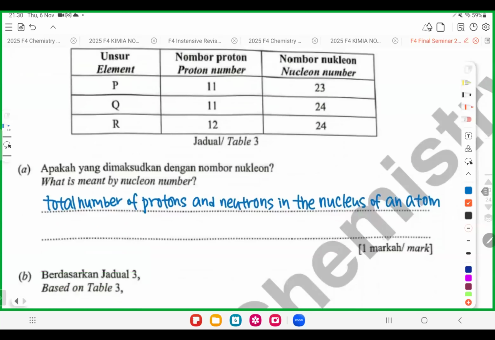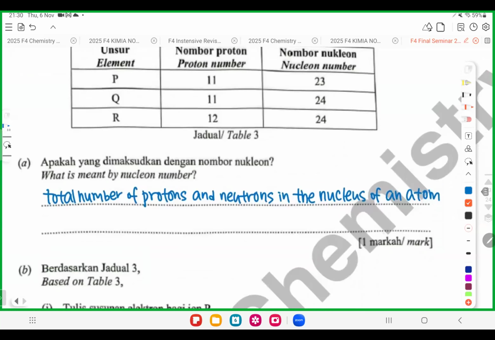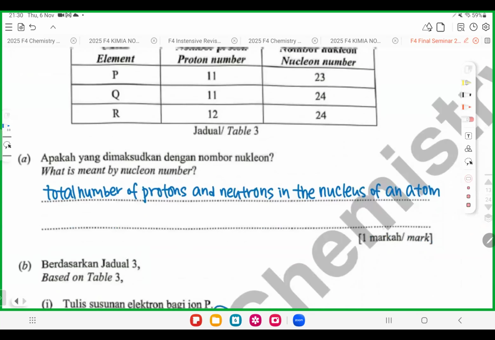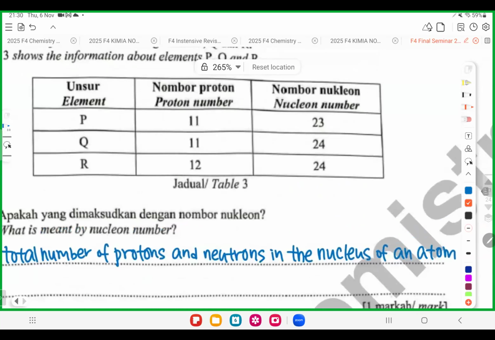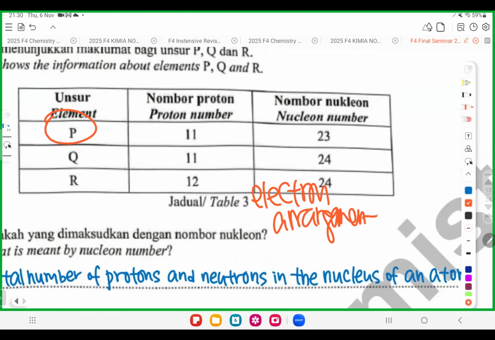Okay. Next one. Based on the table, write the electron arrangement for the ion P. So this is the P. They want the electron arrangement. So how to write electron arrangement for P? When you want to write electron arrangement, you must know how many electrons you have in the first place, isn't it?